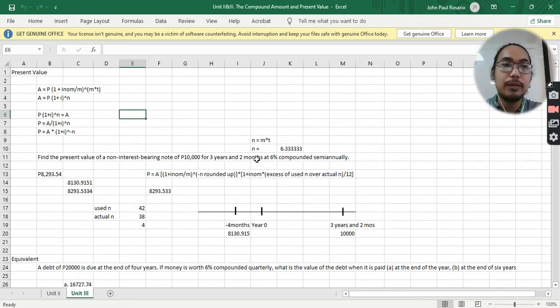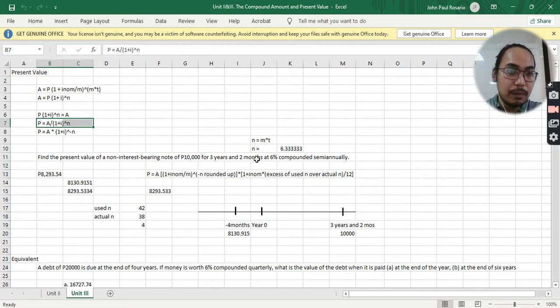And then to solve for P, since P is our unknown, we reverse the formula so that P is on the left side, and by transferring the 1 plus i raised to the power of n expression to the right side, we eliminate it from the left side and it transforms into a division operation. So the new formula would be P is equal to A all over 1 plus i raised to the power of n.